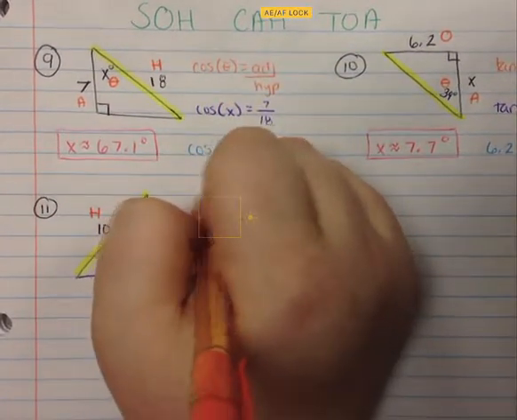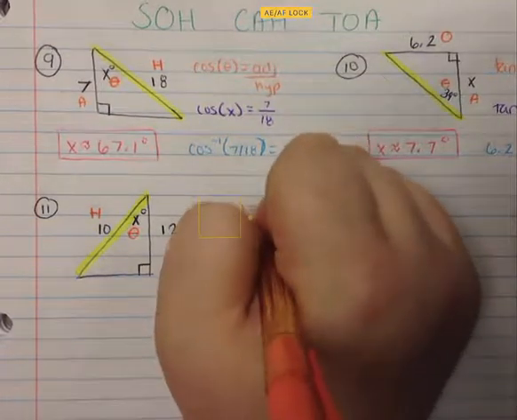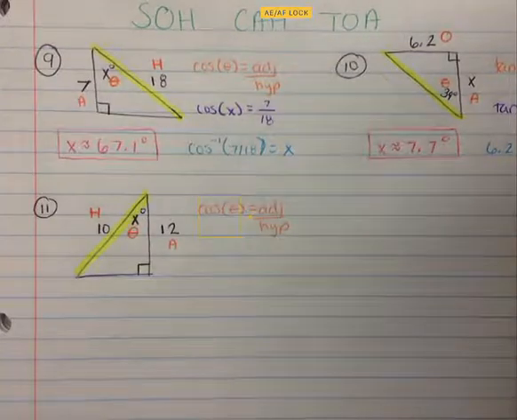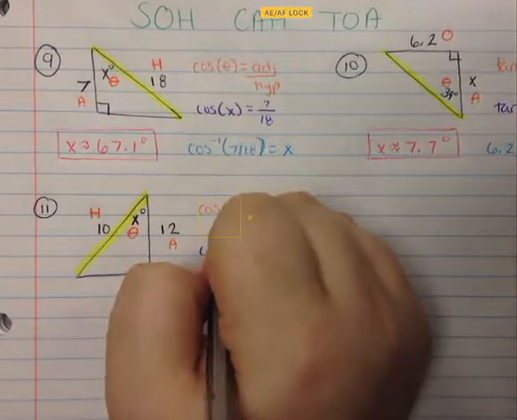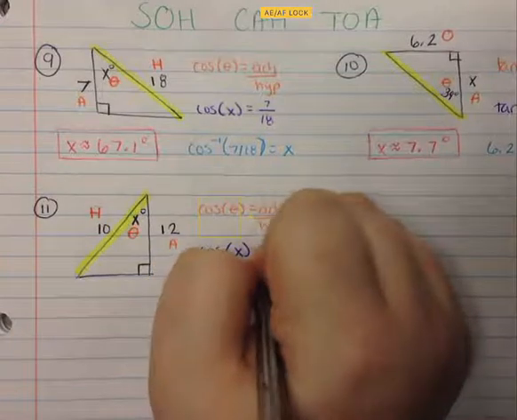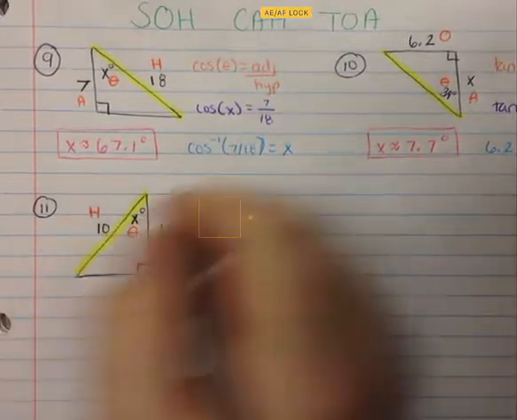So we have cosine of theta is equal to the adjacent over the hypotenuse. Cosine of x is equal to your adjacent, which looks to be 12, and your hypotenuse, which looks to be 10.